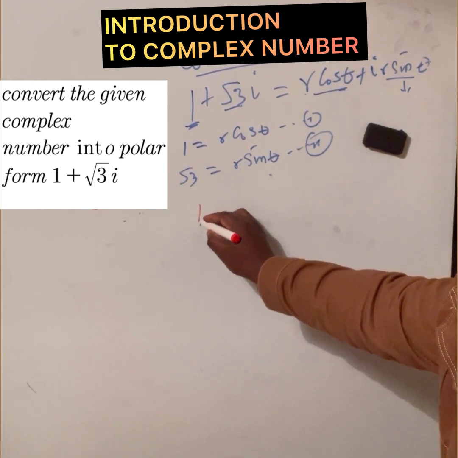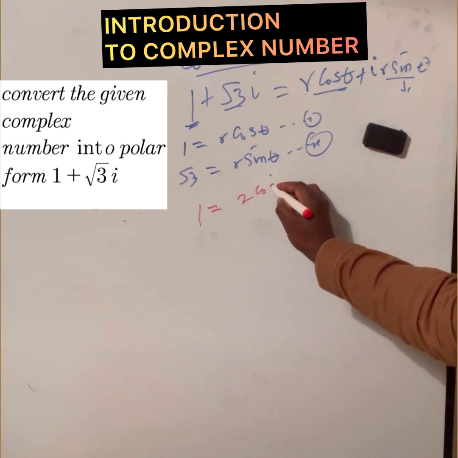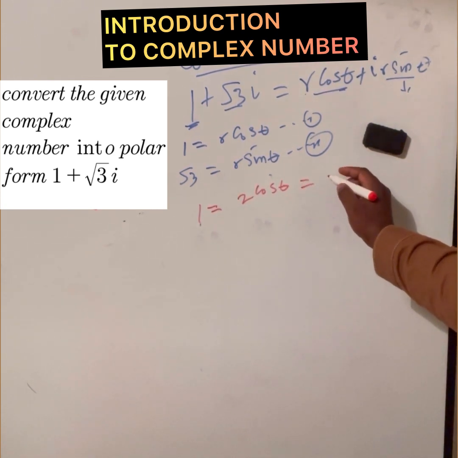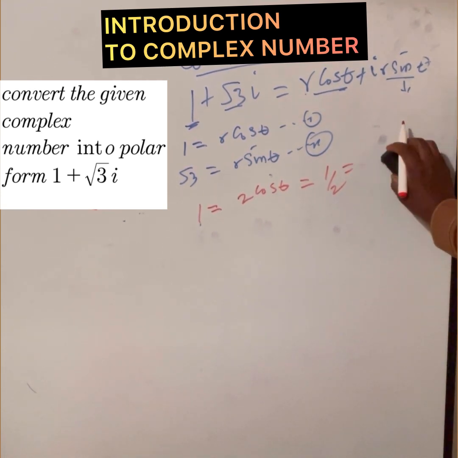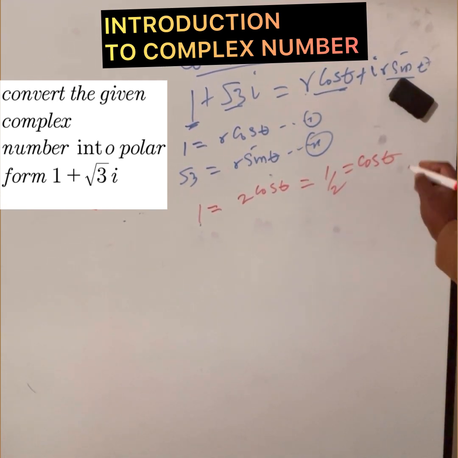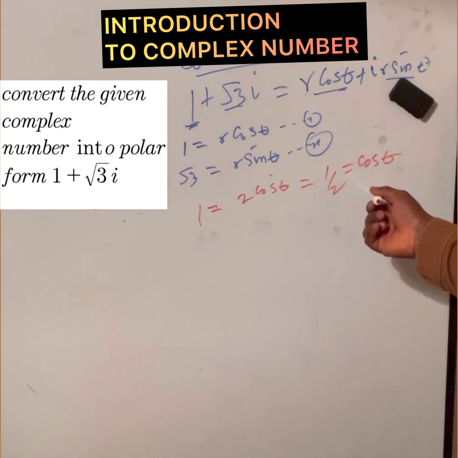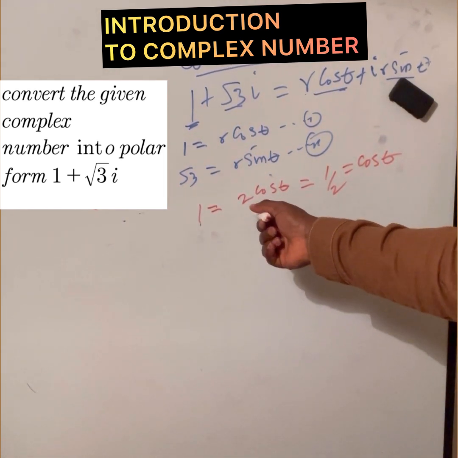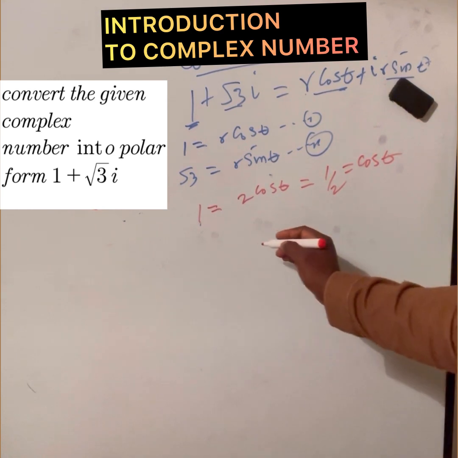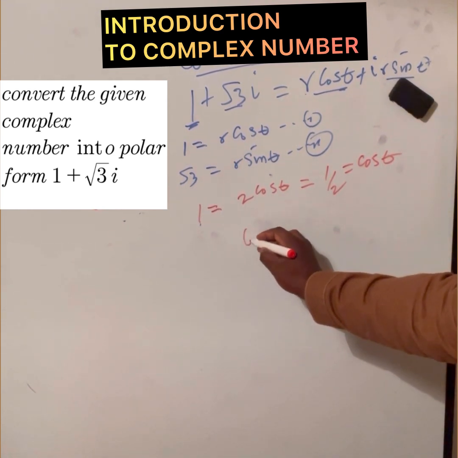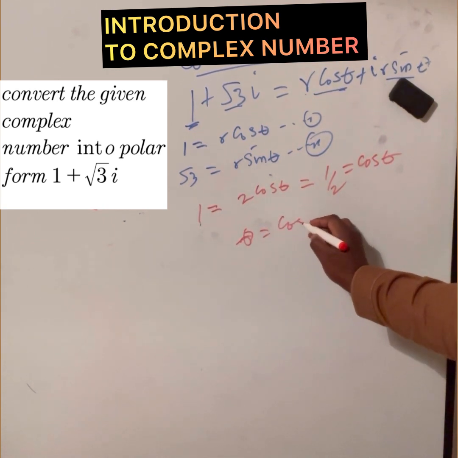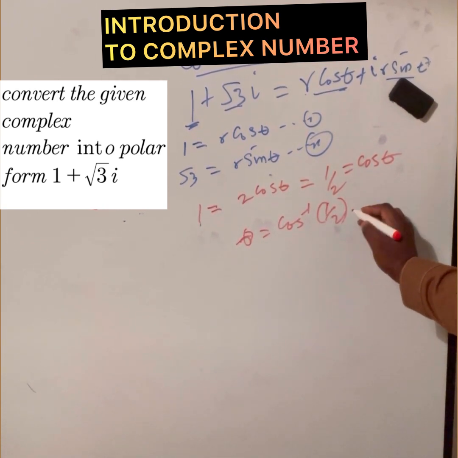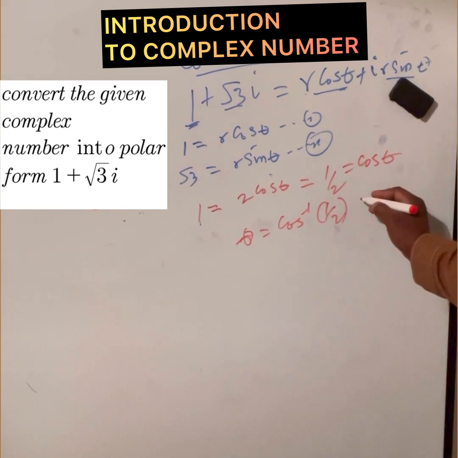Doing that, I'm going to have 1 is equal to 2 cos theta, which is the same thing as 1 over 2 is equal to cos theta. Making theta the subject of the formula, you divide across by 2. Theta will give me the cos inverse of 1 over 2, which is actually 60 degrees.